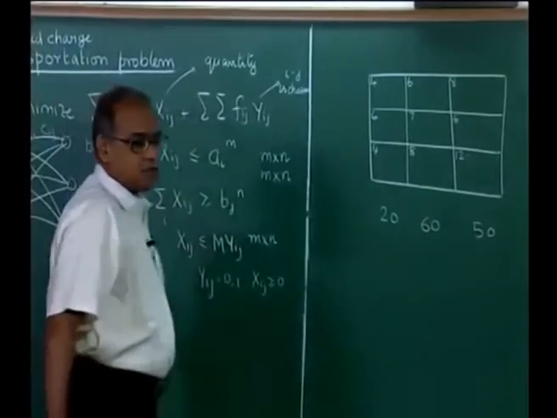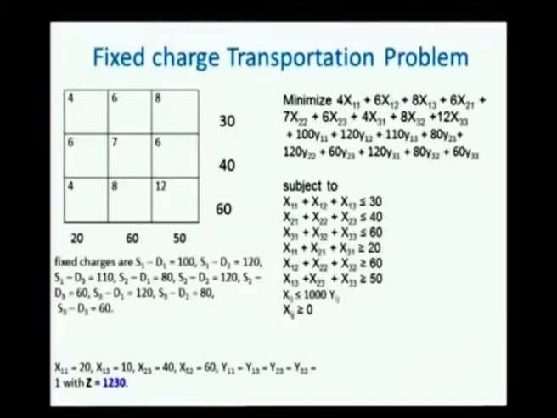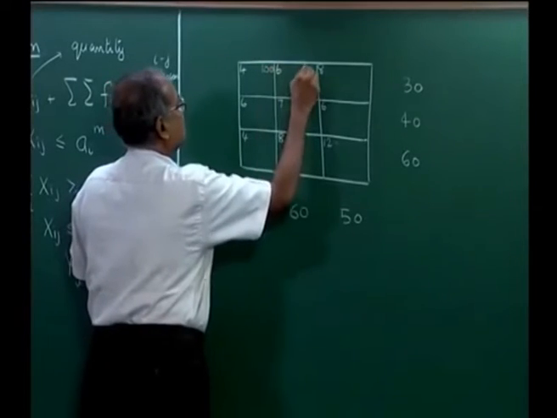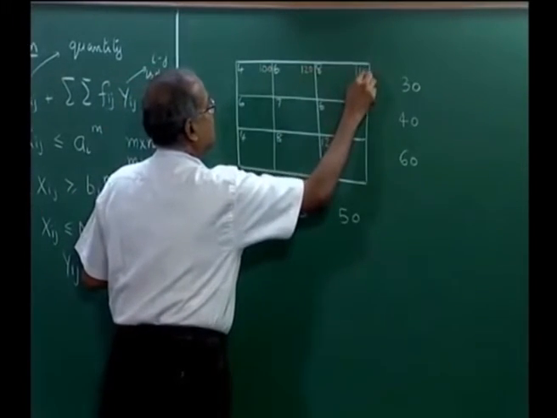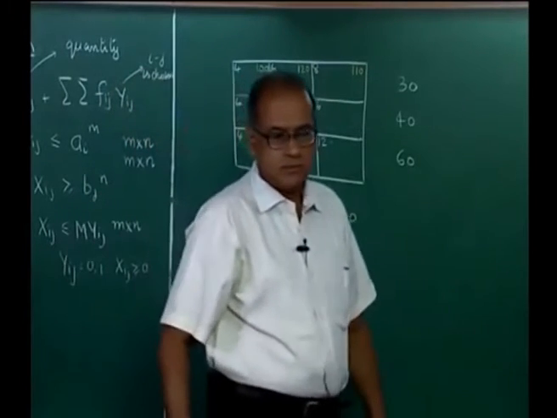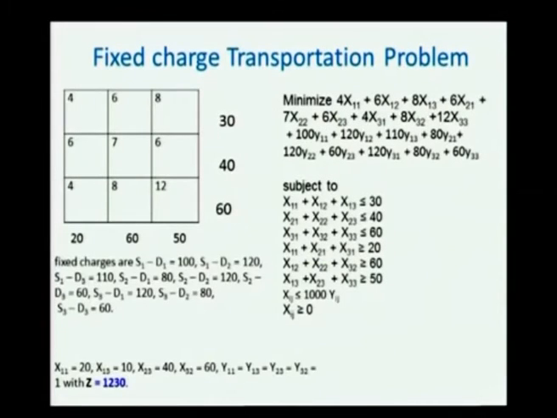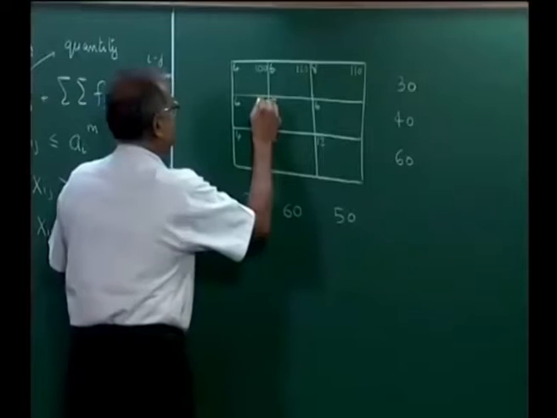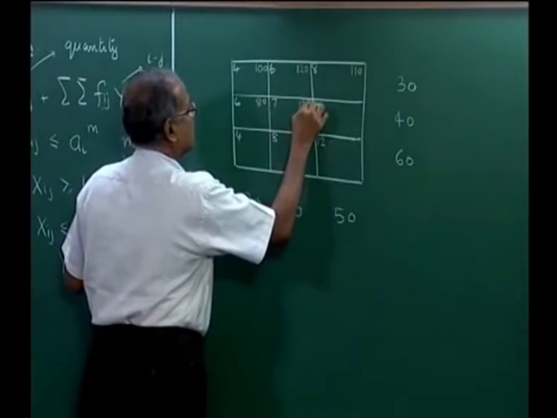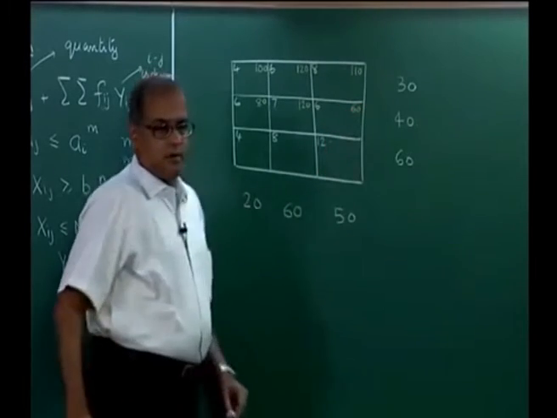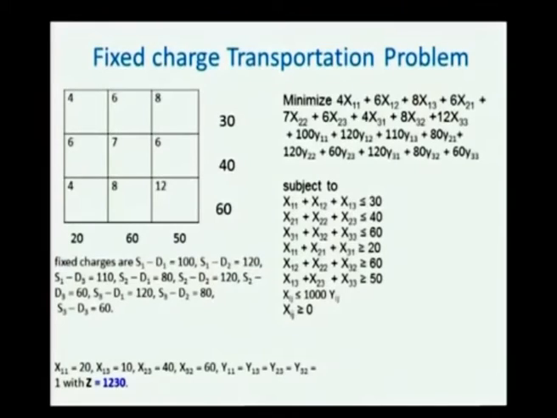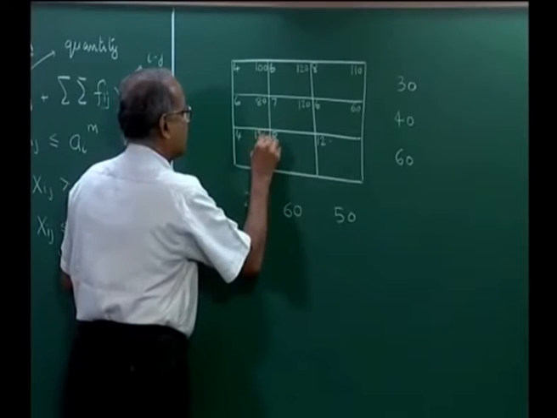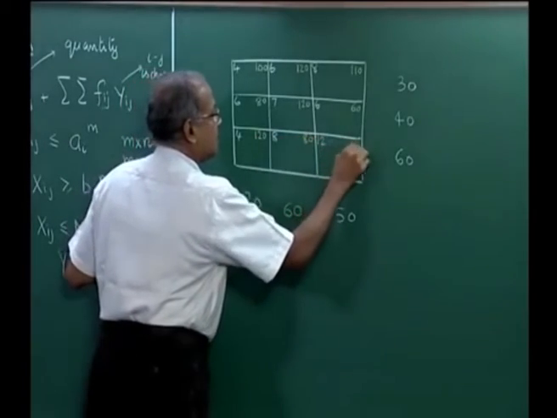So the fixed charge is now shown here. So the fixed charge is 100, 120, 110, 80, 120, 60, 120, 80 and 60.